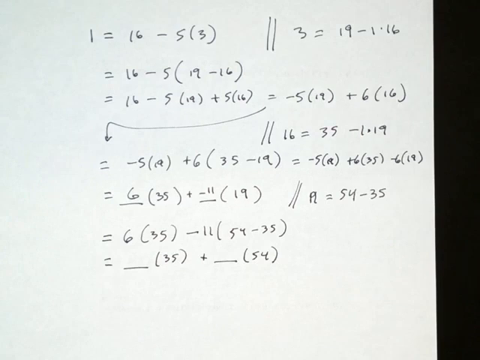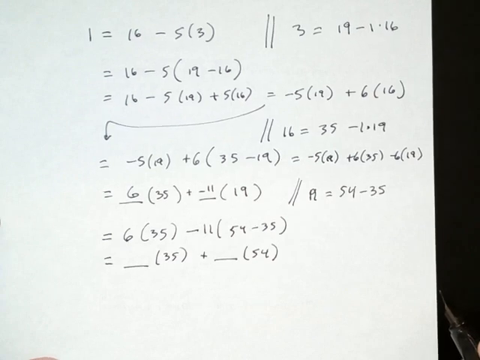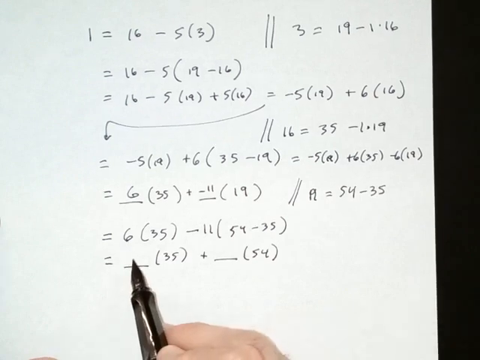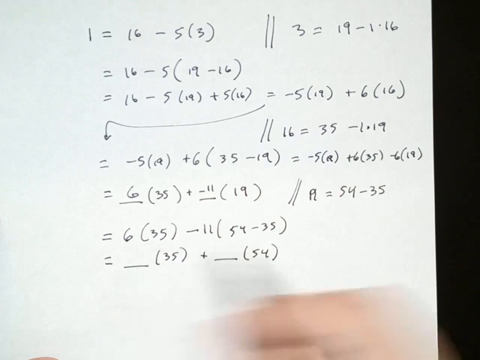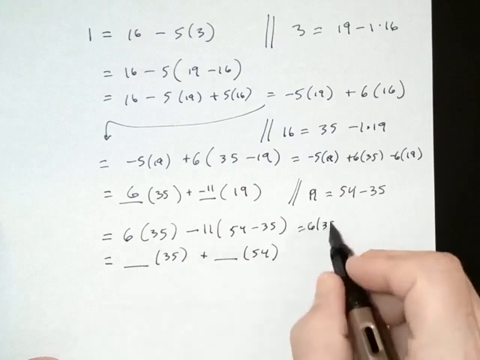How many 35s? Minus 5 here? You have 6 35s and then minus 11 35s.